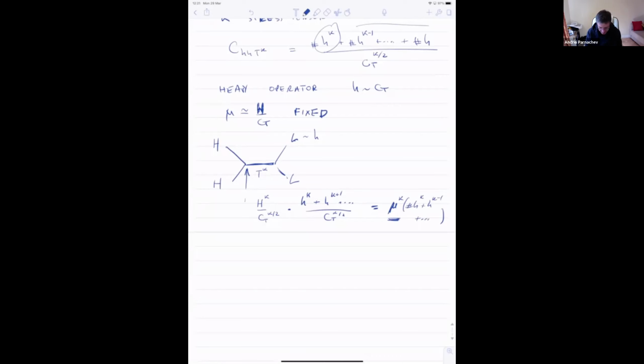In other words, if you look at the 4-point function of two heavy operators and two light operators, expanded in powers of mu, this 4-point function will still know about all OPE coefficients of the multi-stress operators and your generic light primaries. So in principle, by computing this 4-point function, you can read off all OPE coefficients of multi-stress operators and generic primaries.